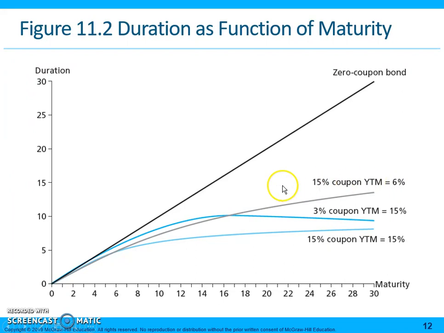We have a 3% coupon bond with a high yield to maturity. See that duration is lower the further we go out, but it's also higher than a higher coupon bond. So this 15% coupon bond with a 15% yield to maturity is going to have a lower duration. We're going to have more cash flows in the intermediate period before the bonds mature.